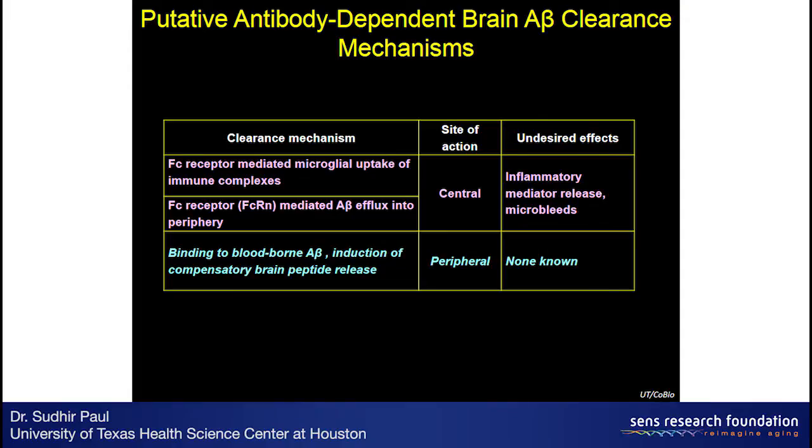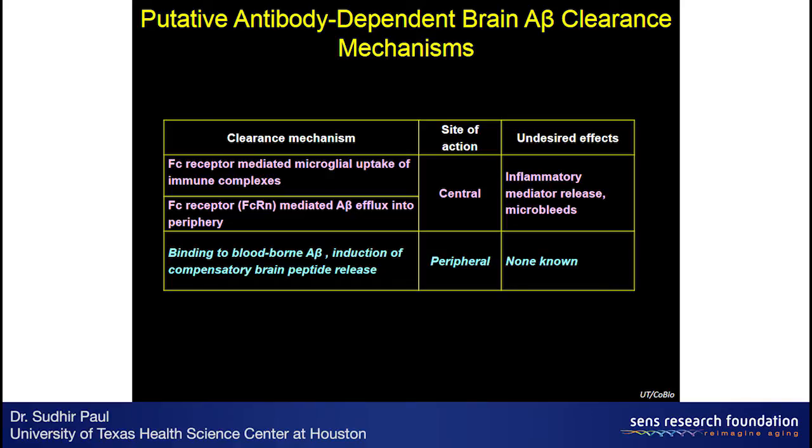So what is the mechanism of antibody action? Antibodies have an Fc component, as I showed you in one of my slides. This is called the constant fragment of antibodies. This region binds to the brain's microglia, which are the brain's resident macrophages.